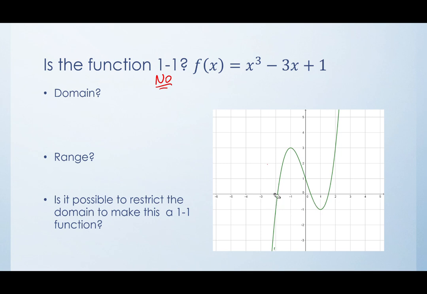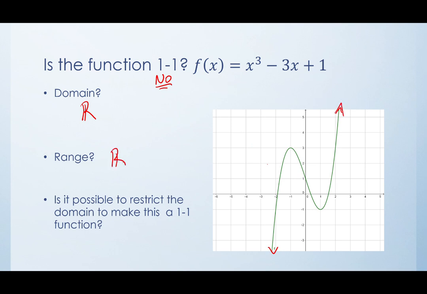We're going to talk about domain and range first and then talk about restricting the domain. So our domain on this one, again, it's a polynomial. There's no divide by 0, no square root of anything, so we don't have to exclude anything. So we're going to be all real numbers. And we can see from the range that it's going down to negative infinity and going up to positive infinity.